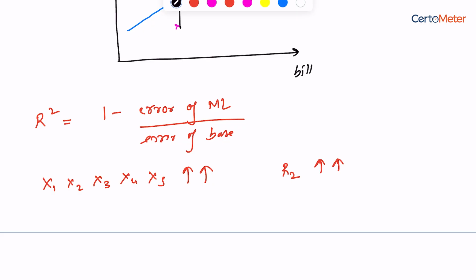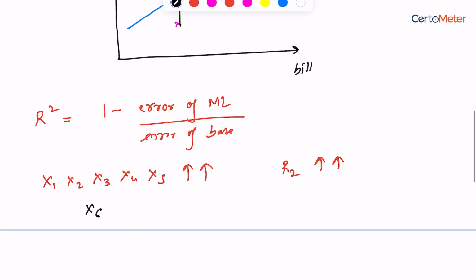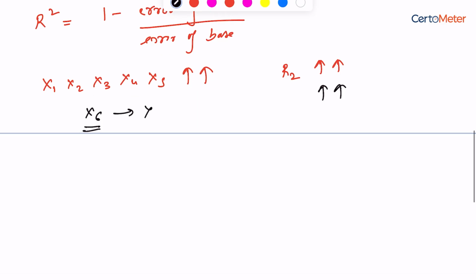But let's suppose I add a new variable x6. This variable is not at all correlated with my output variable y. It does not mean anything to my y variable. But still, if I include this variable, my R square will go up. And that is the flaw of R square.